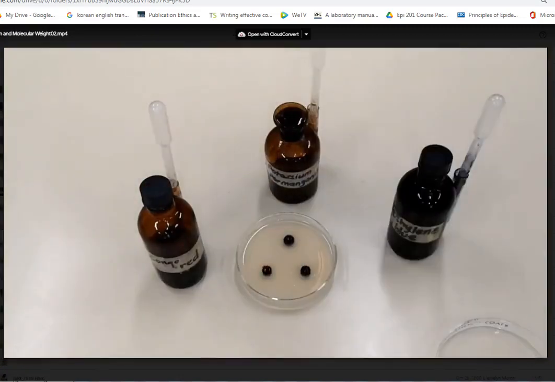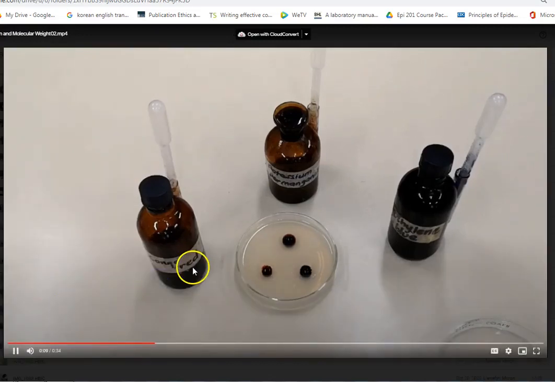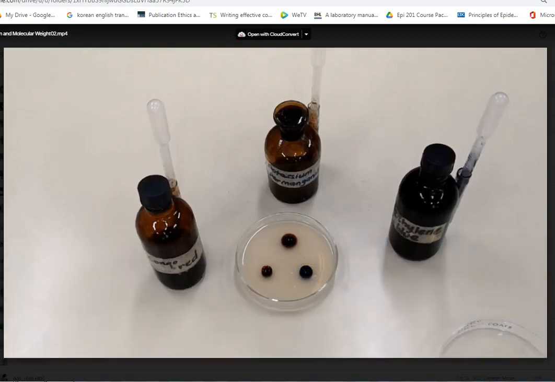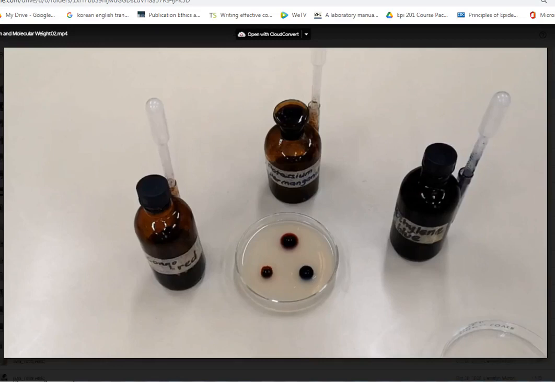This is already a speed up demonstration. Basically, we place Congo red on one hole, potassium permanganate on another, and methylene blue on another. This is a time-lapse video. You can see each reagent slowly diffusing to its surrounding.